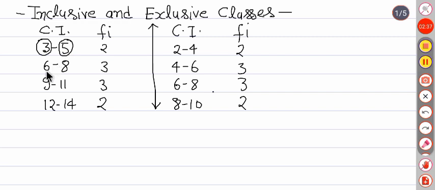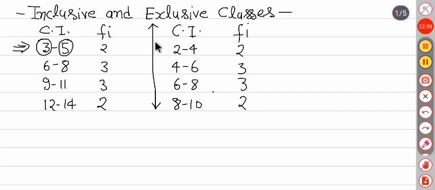The next class is beginning from 6, then 8, thereafter 9, and it is beginning from 12. 5 is not included in the next class, it is included in the same class. 5 is in the same class.